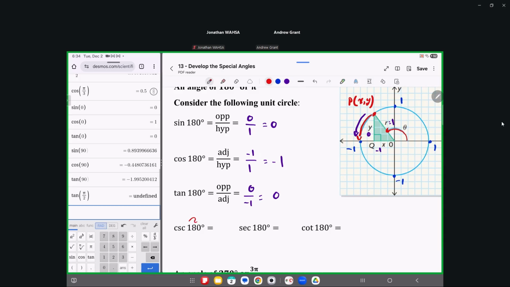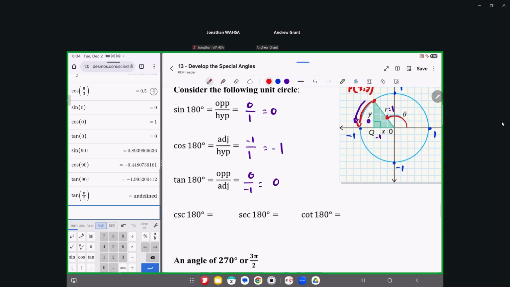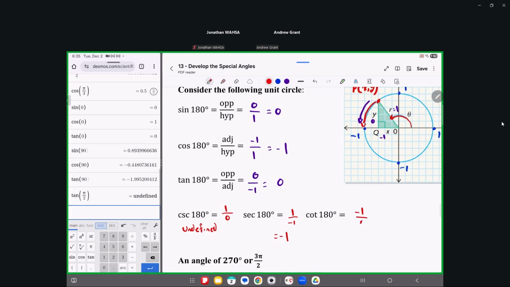And so now cosecant of 180, instead of 0 over 1, it becomes 1 over 0, which will be undefined. Secant of 180, the reciprocal of -1 over 1 is 1 over -1. So this will just be -1. And cotangent of 180, the reciprocal of 0 over -1, is going to be -1 over 0, which is undefined.